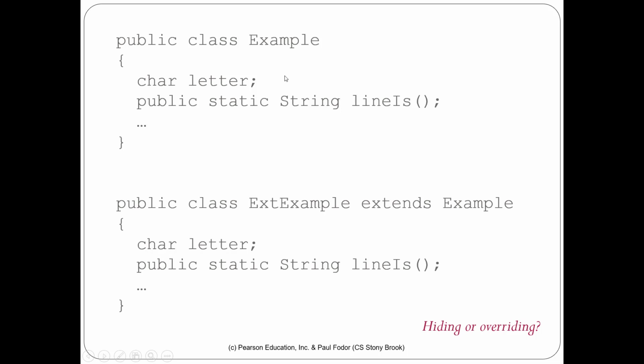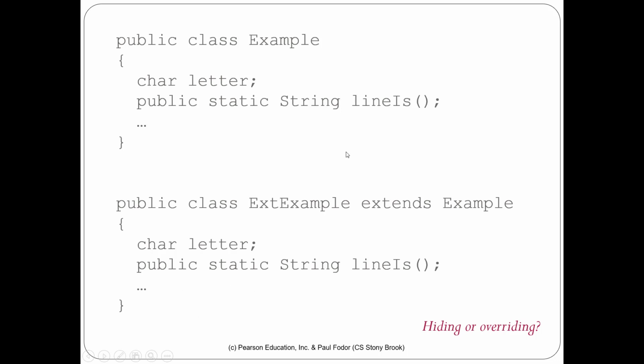Character letter. So now, for this thing, you should have thought about it, right? Think about it, like, what is it? Same name of the data member as we have in the parent in the subclass. So this is hiding. All right, this is hiding.